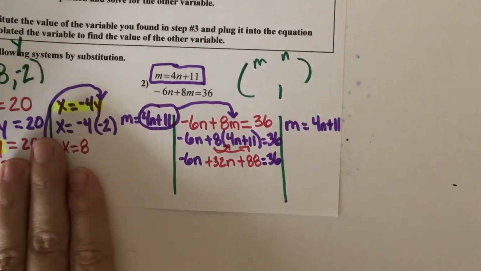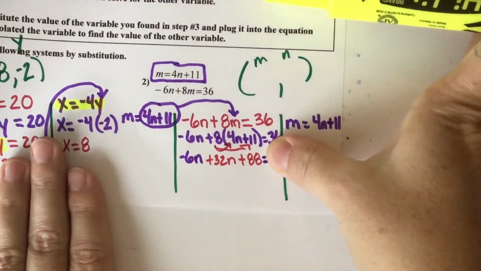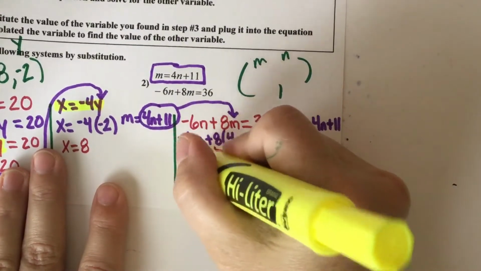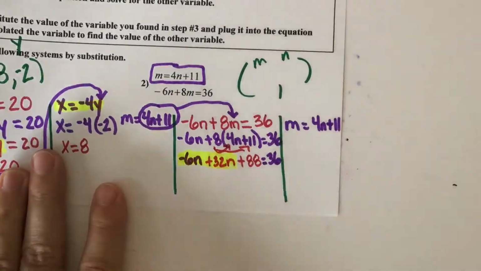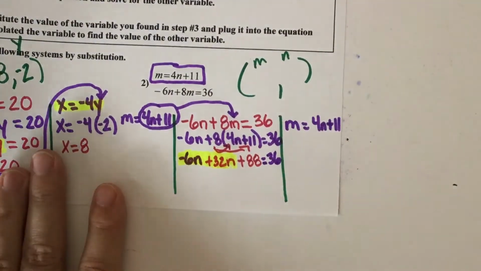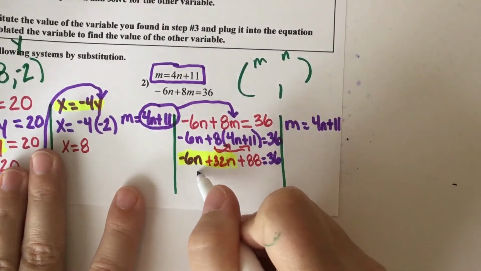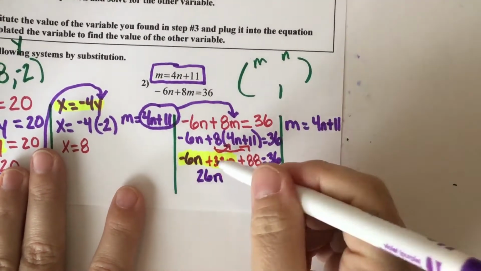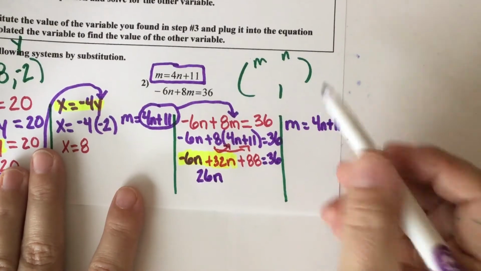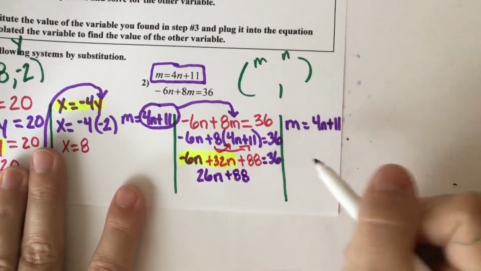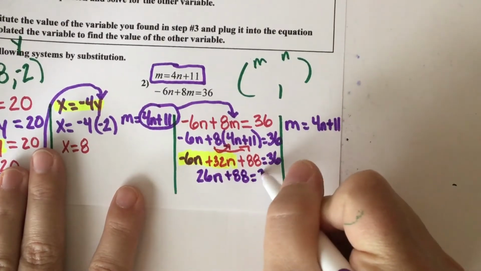Okay, at this point you're looking for like terms on the left side of the equals and then on the right. And on the left side I do have like terms, the negative 6n and the positive 32n. So don't move them, just combine them up. So negative 6 plus 32 makes 26n. You subtract and take the sign of the bigger, and then bring down your plus 88 and bring down your equals 36.